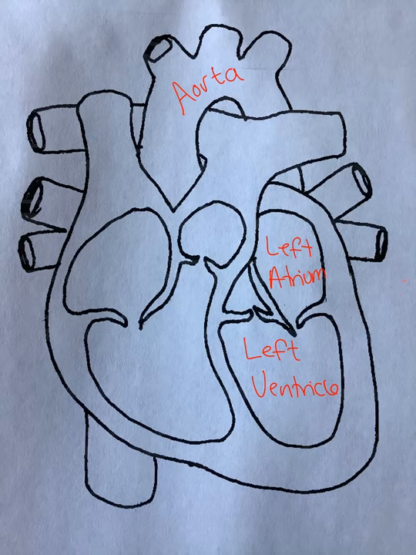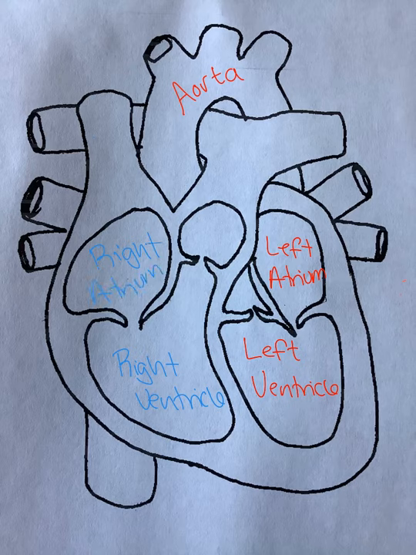On the other side of the heart we have the right ventricle, the right atrium, and we have the vena cava, which comes in both cranially and caudally.